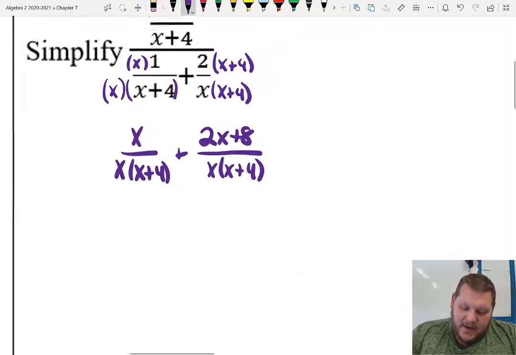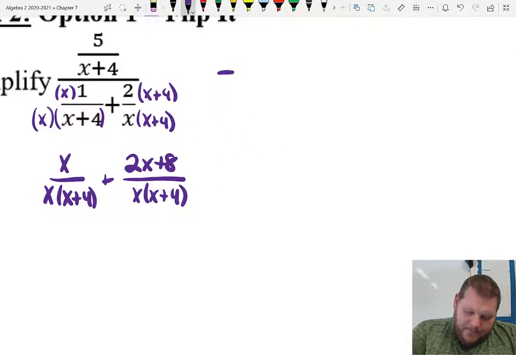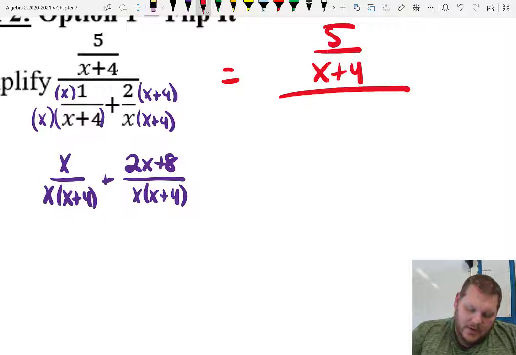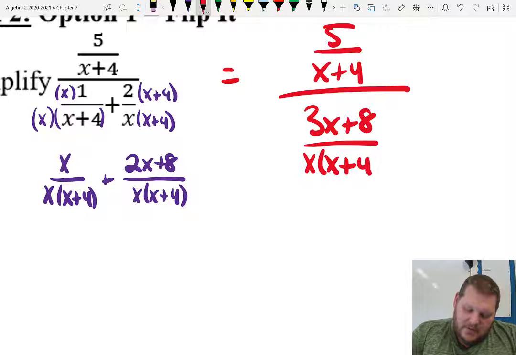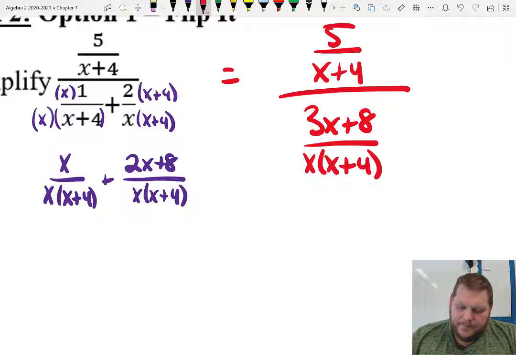So when I simplify and combine my like terms, I'll switch it up and do red here. My top fraction did not change, 5 over x plus 4 all over, when I combine my like terms, 3x plus 8 over x times x plus 4. Right, because x plus 2x is 3x, and then my 8 is still just there.